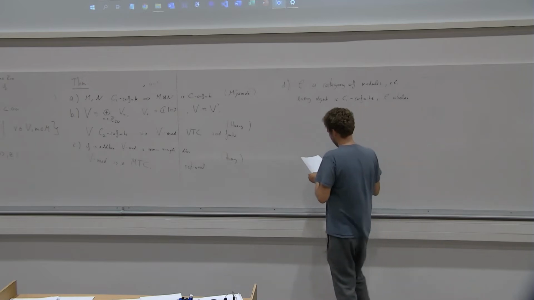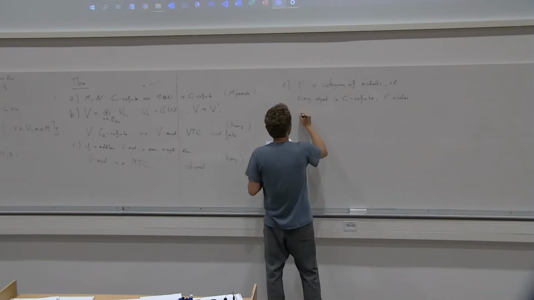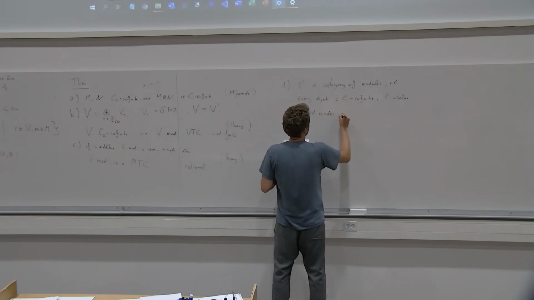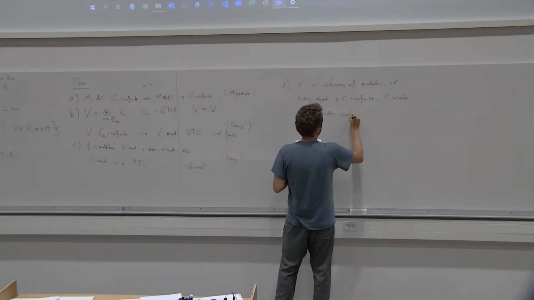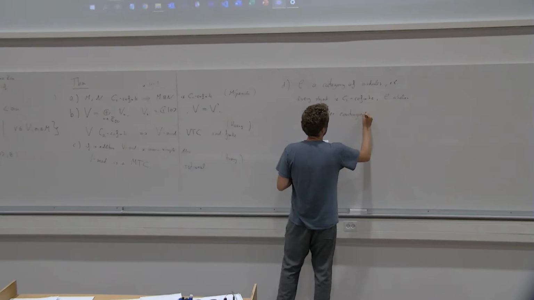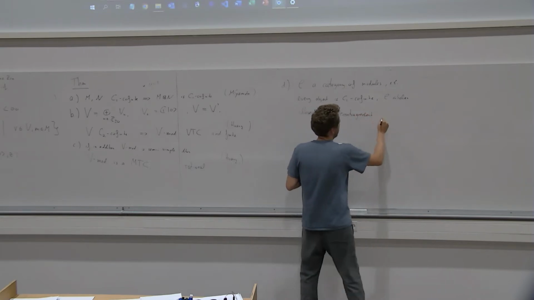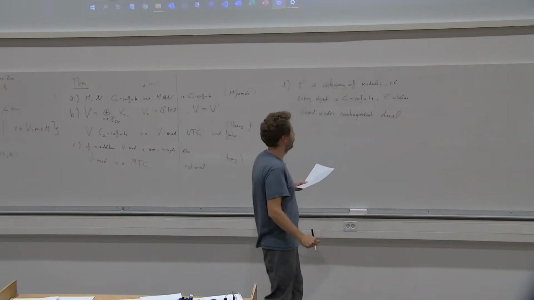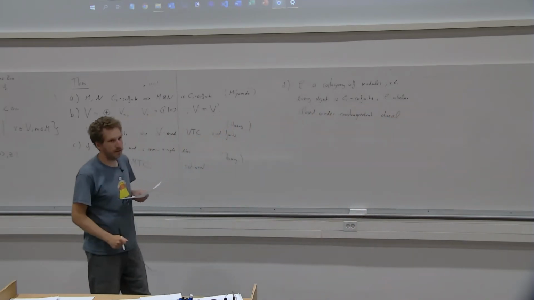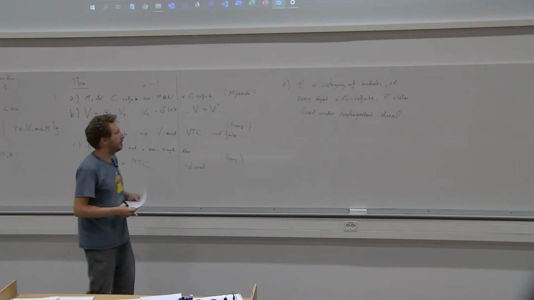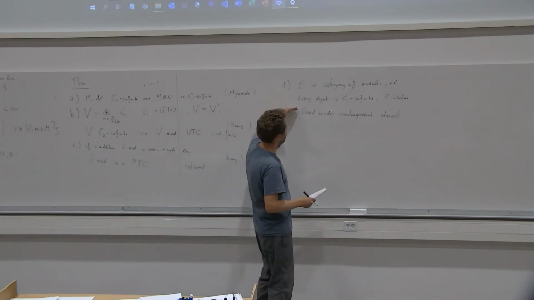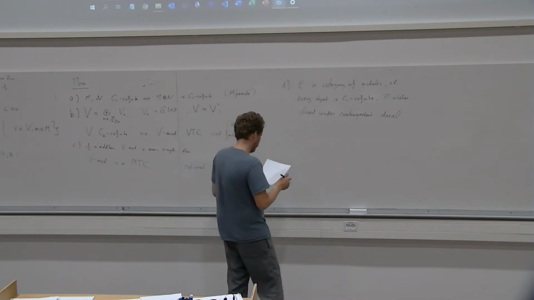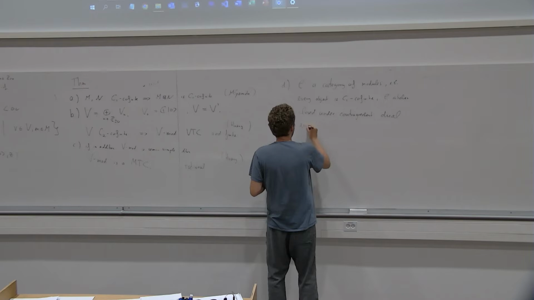Then it needs to be closed under contragradient dual. And it's an open conjecture that the contragradient dual of a C1 cofinite module is also C1 cofinite. So in this setting it's an open conjecture that one can remove this line. And also closed under tensor product.